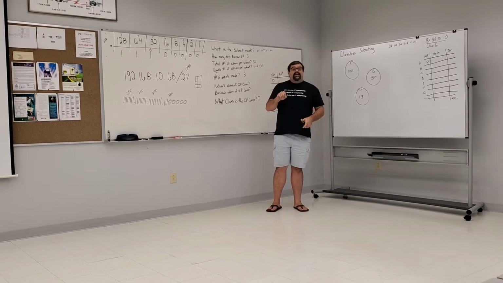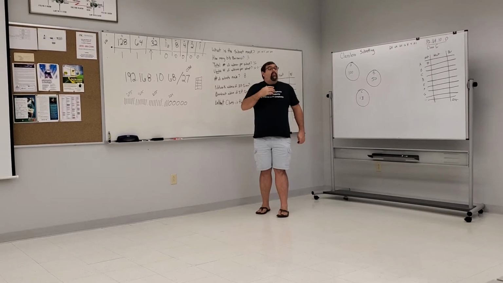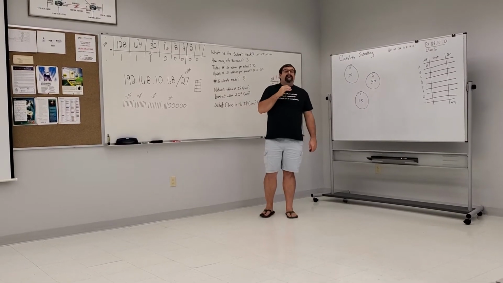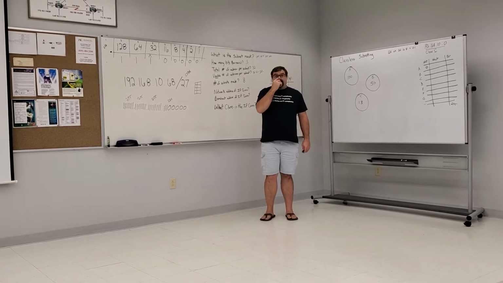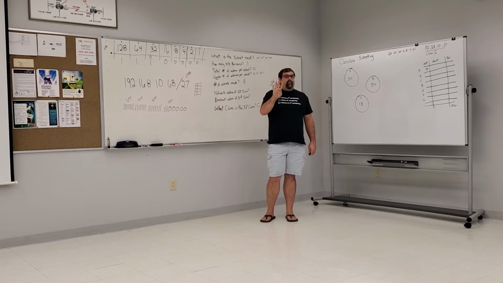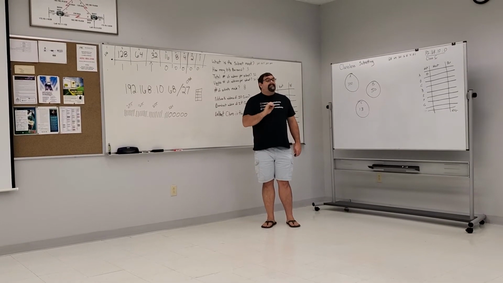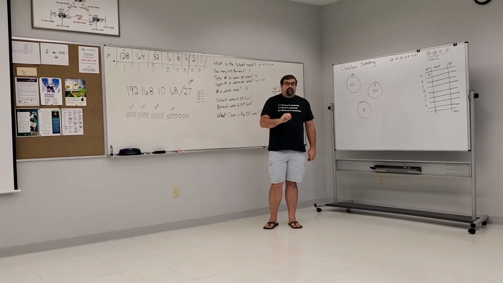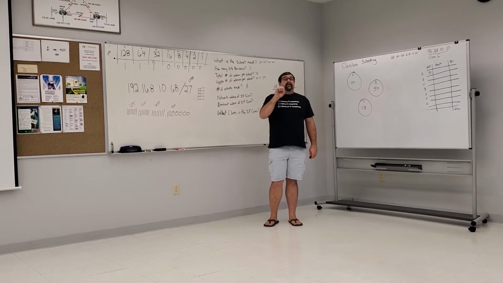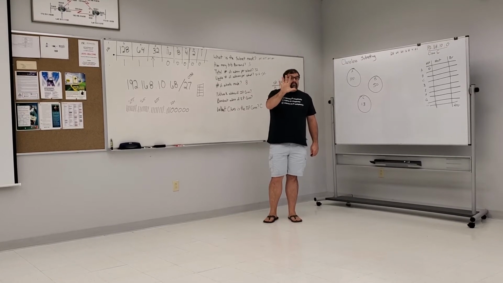Now, here's the thing though. And this is what's really nice about the way you do networking, or what actually helped me out. Normally when I tell you to count, you'd go 1, 2, 3, 4, 5. Well remember, with networking, 0 is a usable number. So technically you're counting 0, 1, 2, 3, 4.